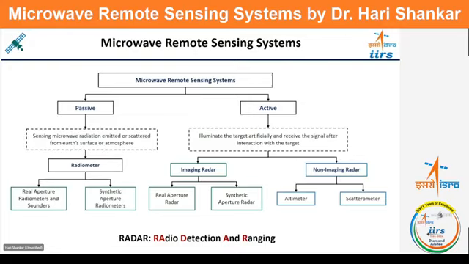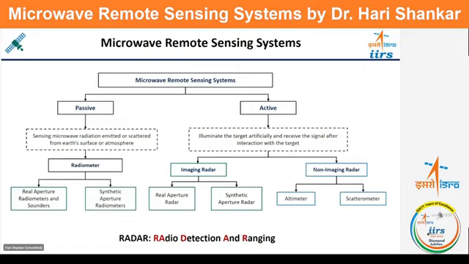But imaging radars scan the entire region and convert it into images. So in that case, we get the images. Based on this concept, they are classified as imaging radar and non-imaging radar.